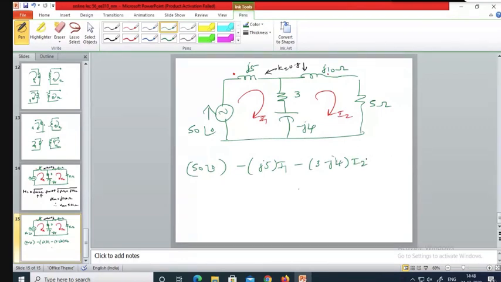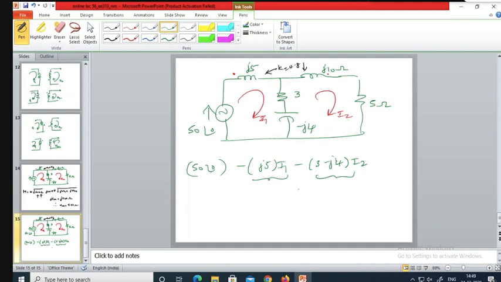This is the drop in the J5 branch, and this is the drop in the 3 minus J4 ohm branch. Now I need to find the drop across the mutual inductance.